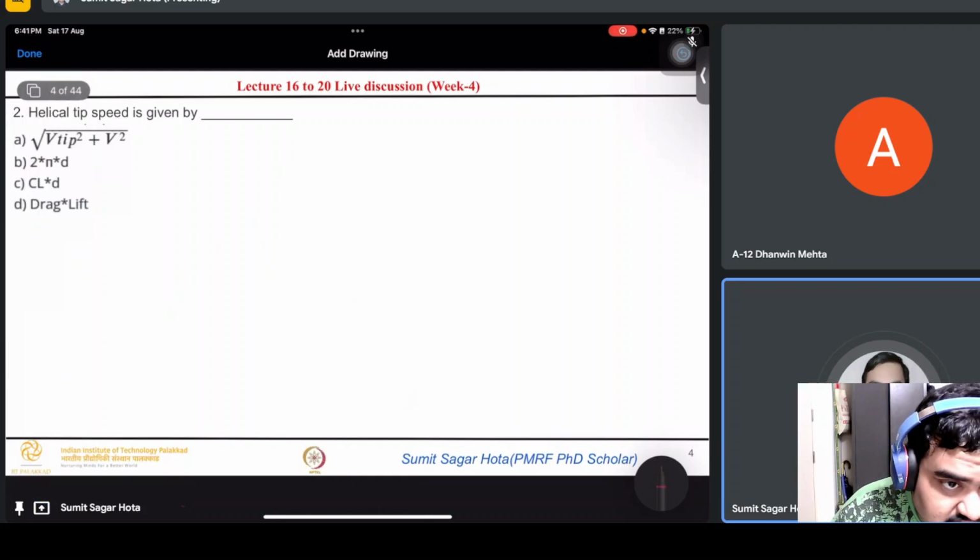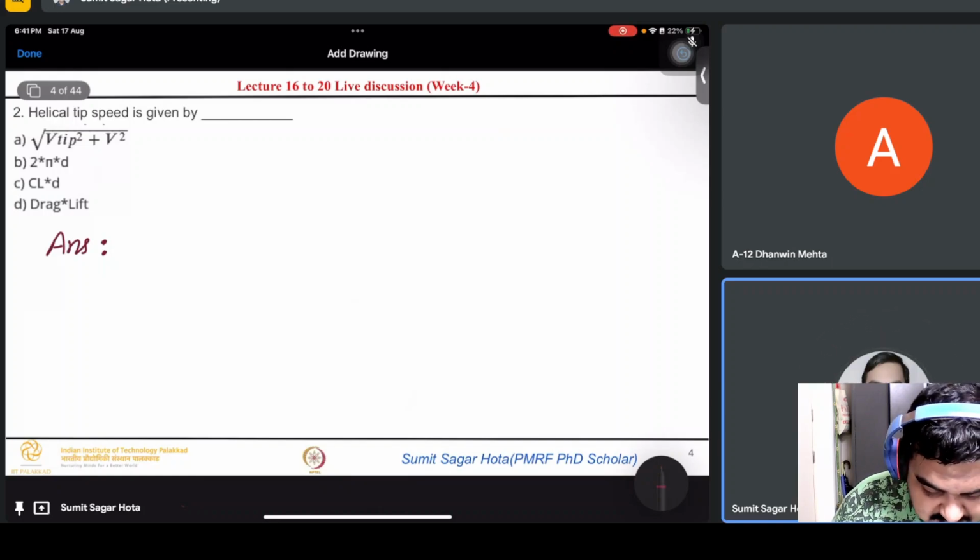Next, the helical tip speed is given by which formula? Helical tip speed is always a resultant, so that will be option A, between the tip speed and the actual speed of the aircraft.